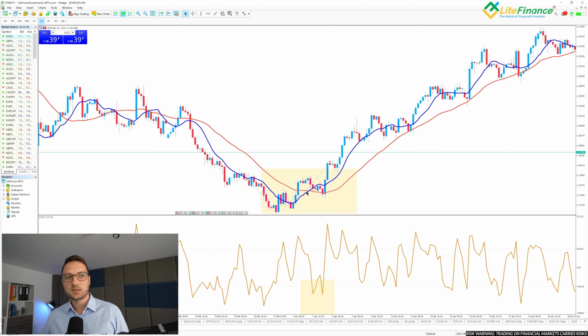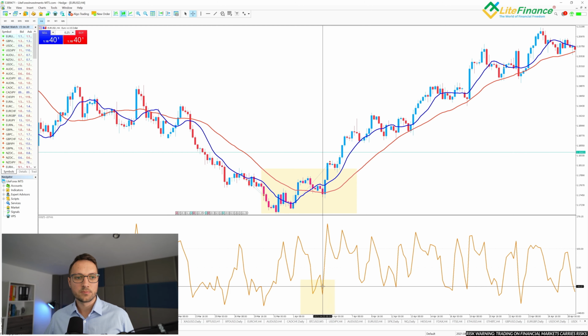The moving average crossed to the upside, signaling that we think the upside movement will begin, the price reached the slow moving average, and the CCI is below the -100 level, which is the oversold zone. So the signal for us is, first of all, that the CCI needs to break out of this oversold zone.